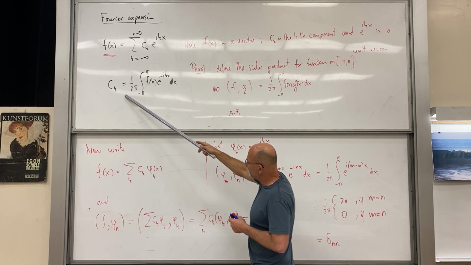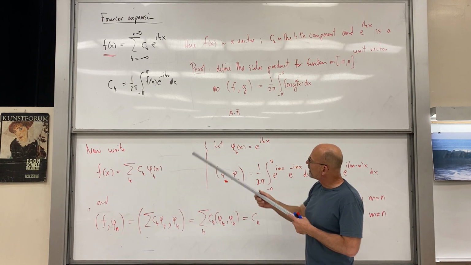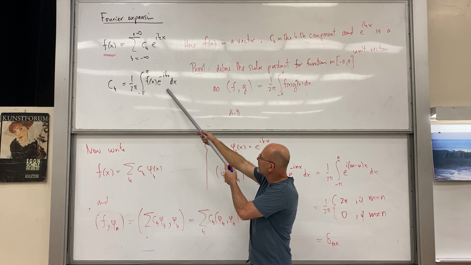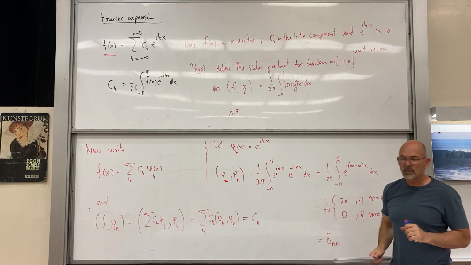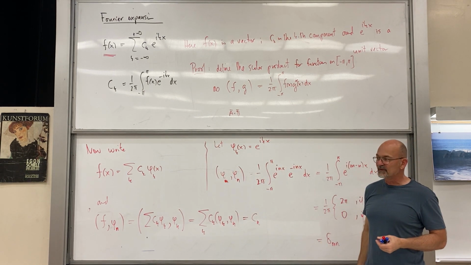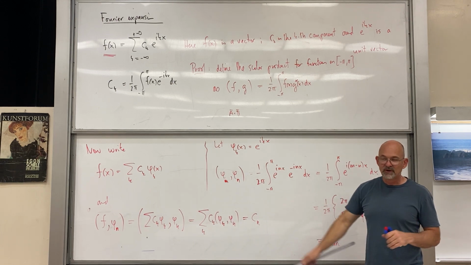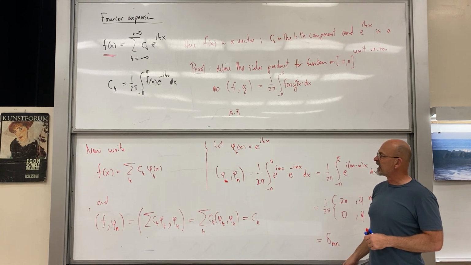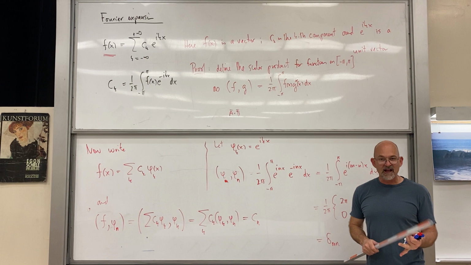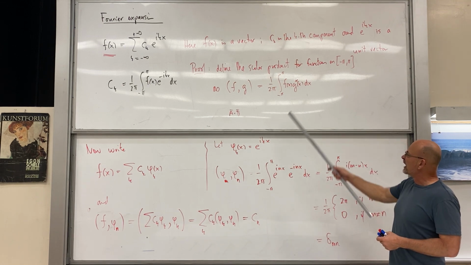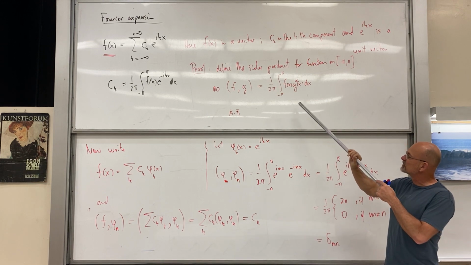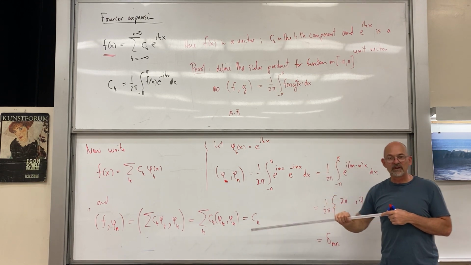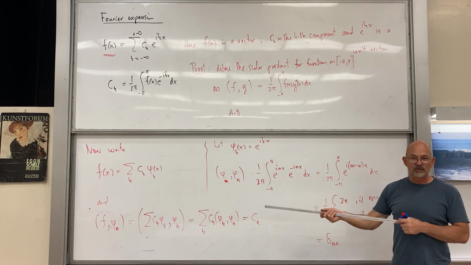This coefficient is actually the scalar product of the function with basis function. And this is just one of the biggest things in theoretical physics. One of the real foundational things is to have function spaces, orthogonality, integration here. You'll see this repeatedly, and the best or the easiest place to learn it is here with the sines and cosines and the complex exponential, because we know them so well.